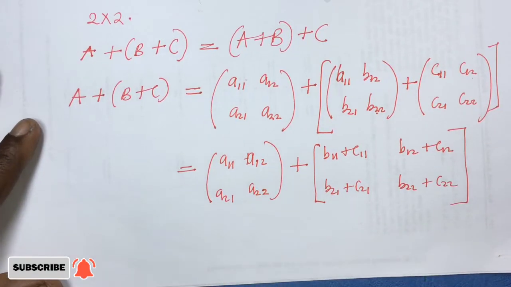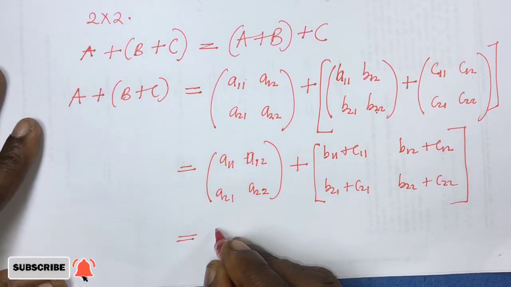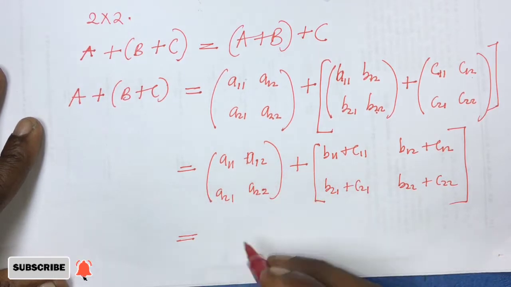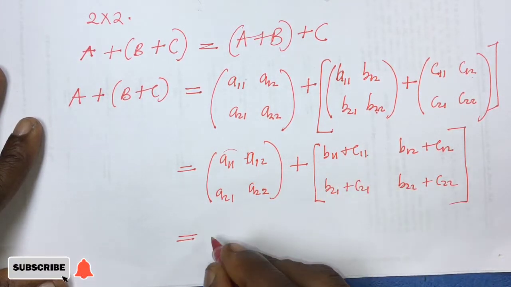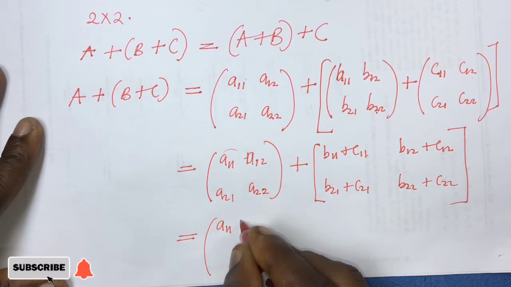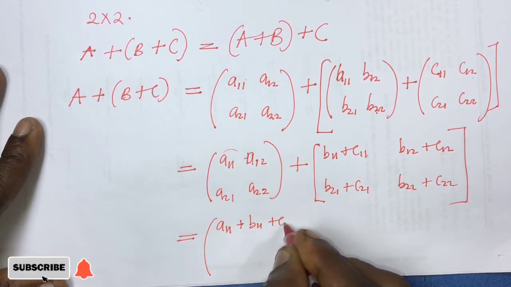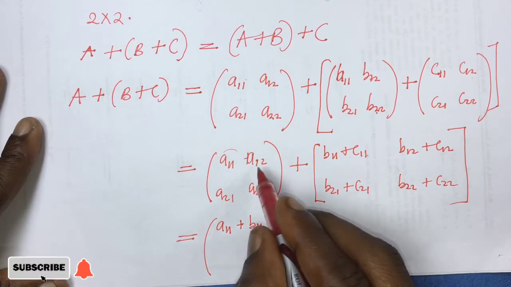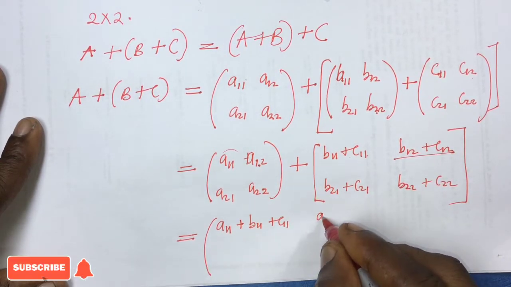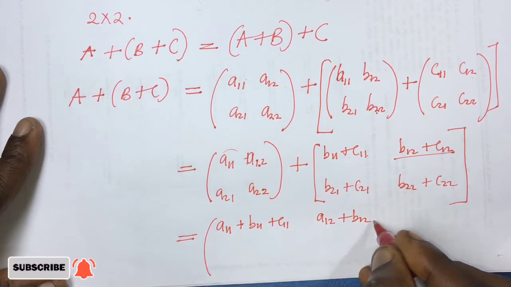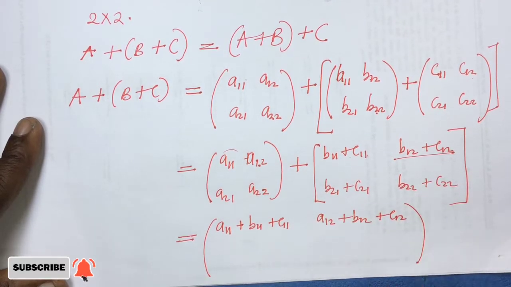Now, after doing that, we are going to go ahead and add these two results. So A11 will add to B11 plus C11, and that will give us A11 plus B11 plus C11. Okay? Now A12 will add to this element to give us A12 plus B12 plus C12.